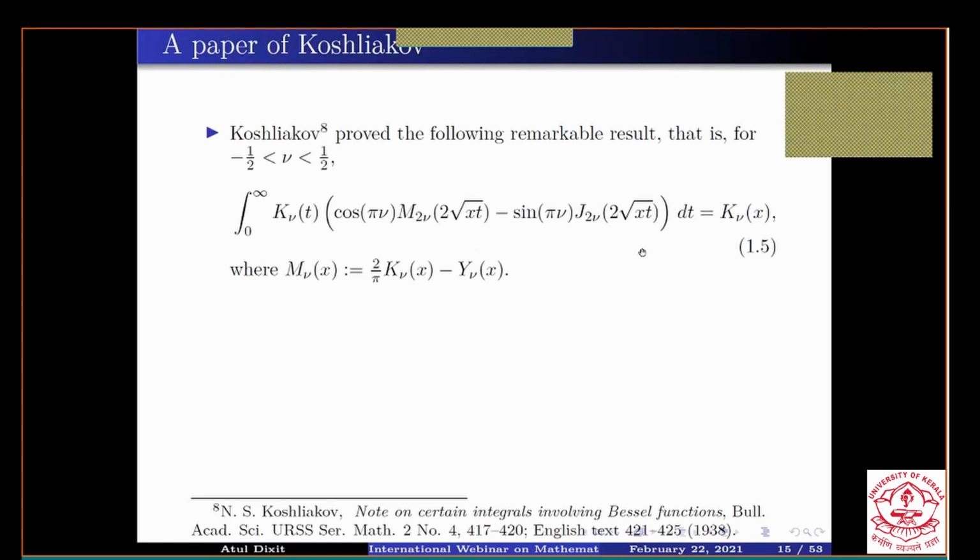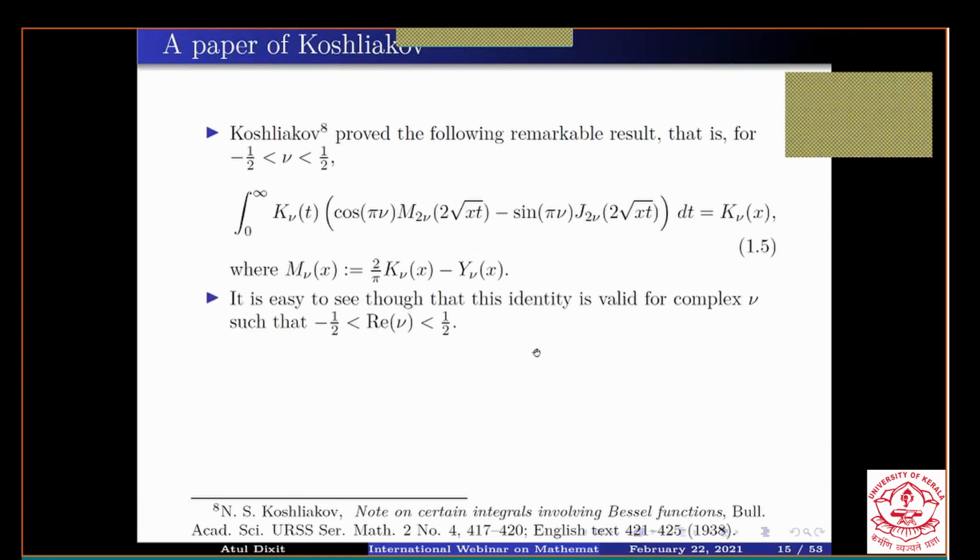This result is analogous to Laplace's result that the exponential function, when integrated against cosine, gives back the exponential function. Why do I say this is analogous? Because if you look at the exponential function e raised to minus x, it can be written as the inverse Mellin transform of the gamma function, and the K Bessel function is nothing but the inverse Mellin transform of the square of the gamma function, essentially.